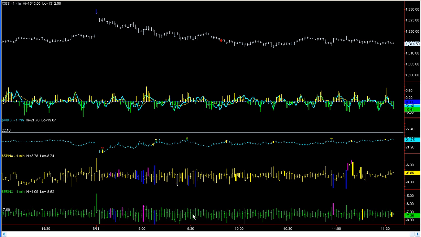That market is short. If the bulk of the bars are above fair value, that market is long. So right now, you can see that the bulk of these bars, the premium bars on the ESINX, are below fair value.